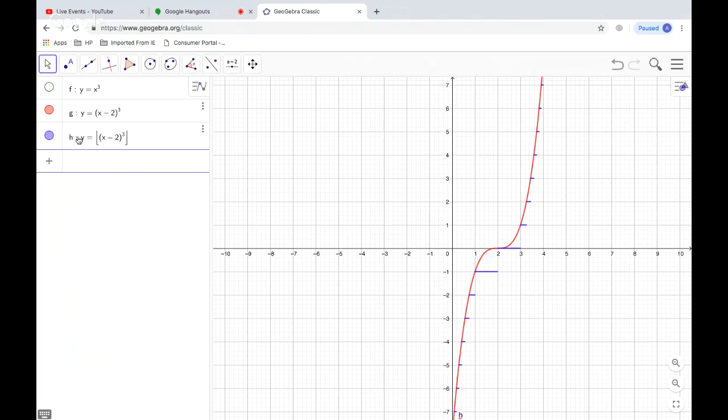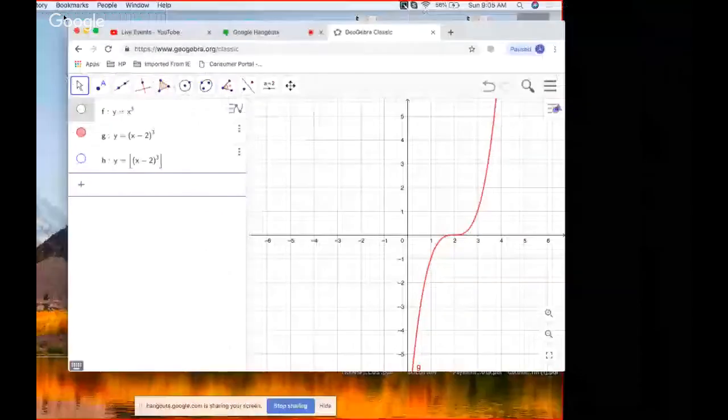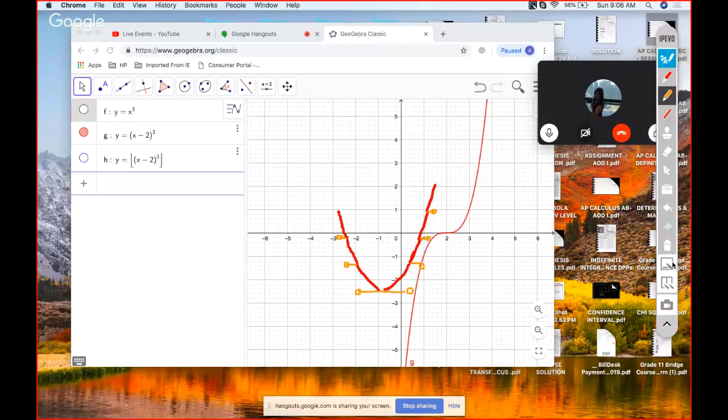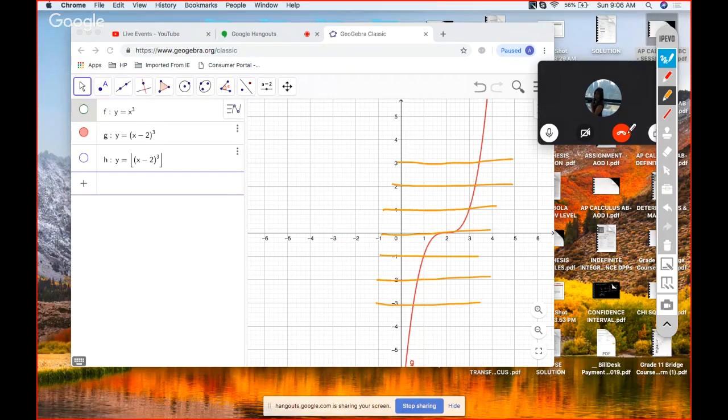This can be very easily drawn if you just start making lines like y equal to 1, y equal to 2, etc. If you start making lines like this, and start making them fall on the floor next to it, for example, this one will fall like this, this one will fall like this, and this one will fall like this.